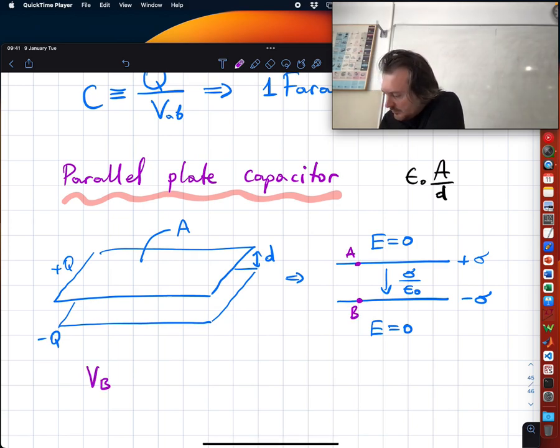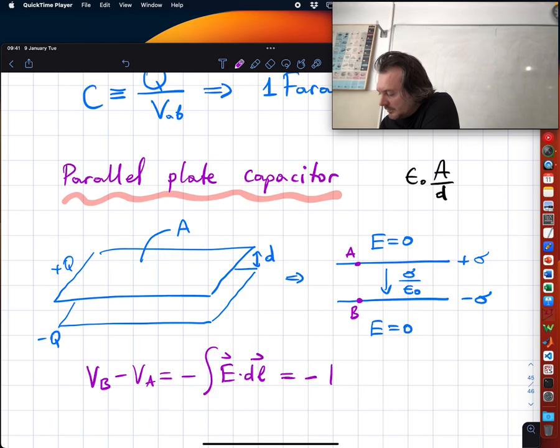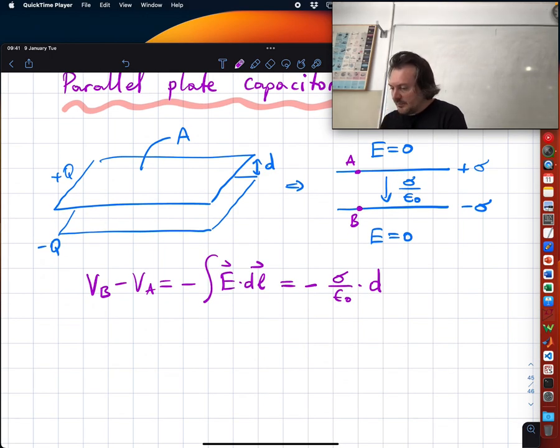VB minus VA is equal to, let me just write it down as an integral, E dot dl integral, which means negative of the electric field, sigma over epsilon 0, times d, the distance. Okay? Which tells you that VA minus VB, which is the difference in the potential, is sigma times d over epsilon 0.